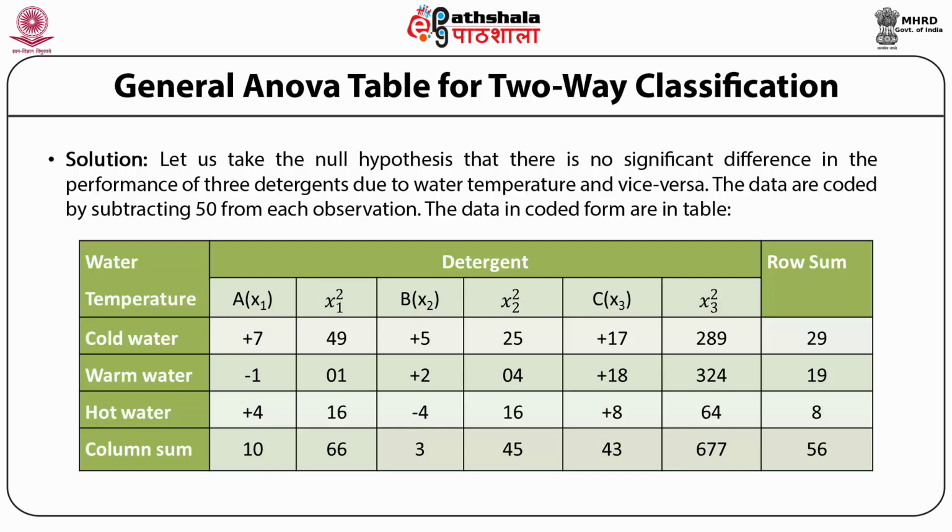For B, it is 3, and for its squared values, the sum comes out to be 45, and the same goes for C. Then we have done the row sums also: the row sum for cold water is 29, warm water is 19, and hot water is 8.